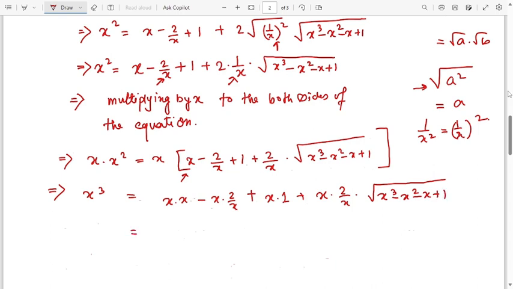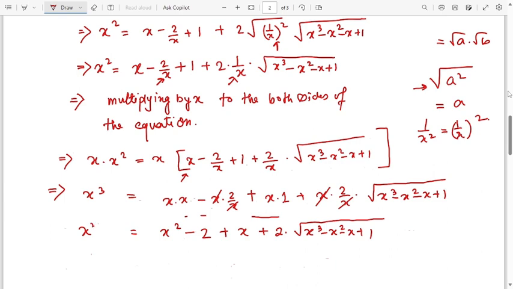Now we can simplify this whole expression. x times x will be x square, and x times 2 by x, we can cancel out this x, it will become 2. x times 1 will be x, and then again we can cancel out this x, it will become 2 times square root of x cube minus x square minus x plus 1. And in the left hand side, x cube will remain as it is.